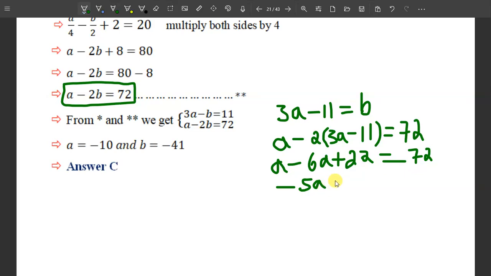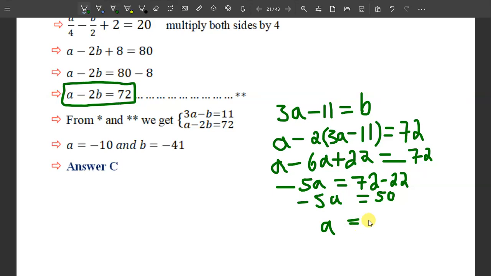Minus 5a is equal to 72 minus 22. What is the difference of the two? It becomes positive 50. Minus 5a is equal to 50. Then divide both sides by minus 5.